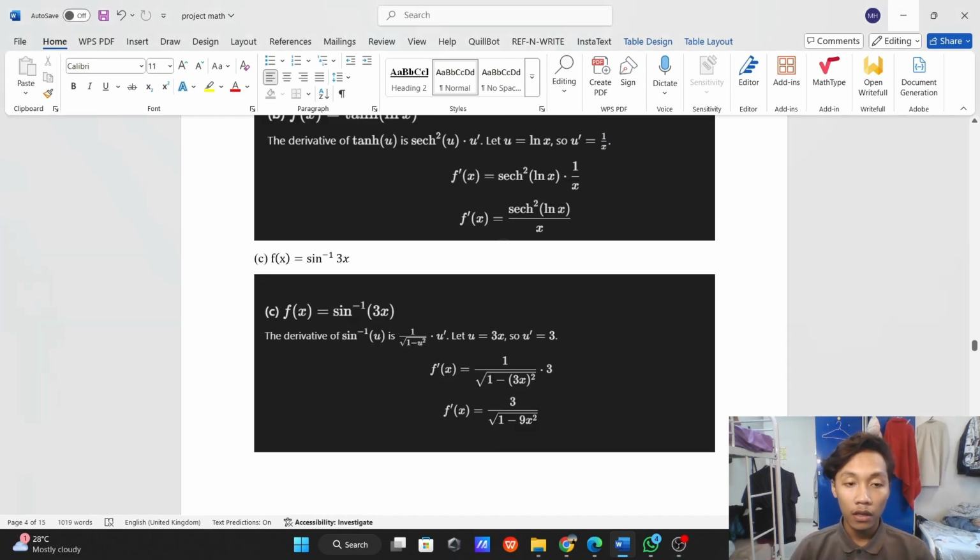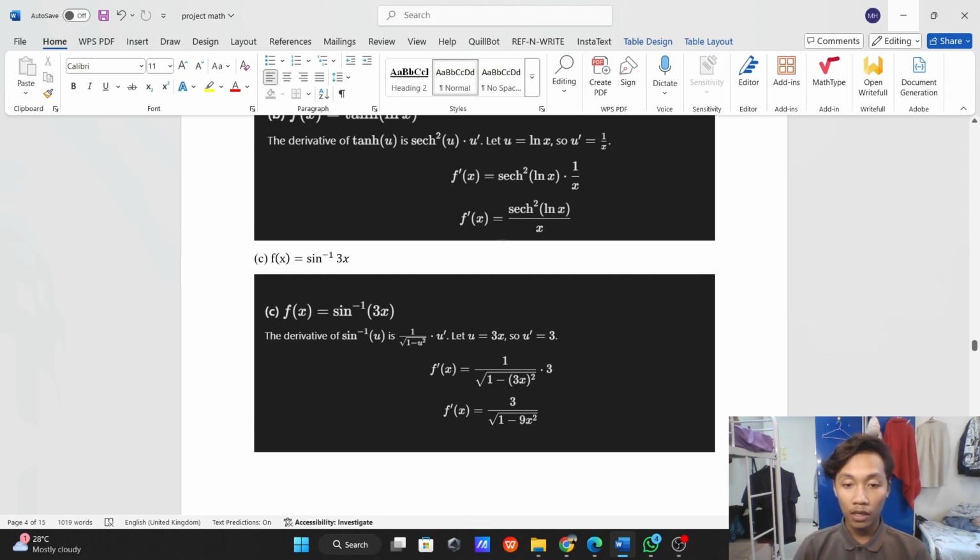After that, f(x) equals sine inverse of 3x. The derivative of sine inverse u is 1 over the square root of 1 minus u squared, times u prime. So we must let u equal 3x, so u prime equals 3.